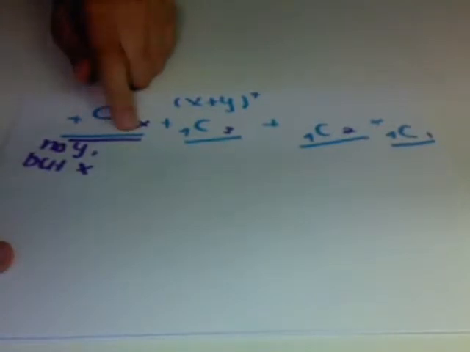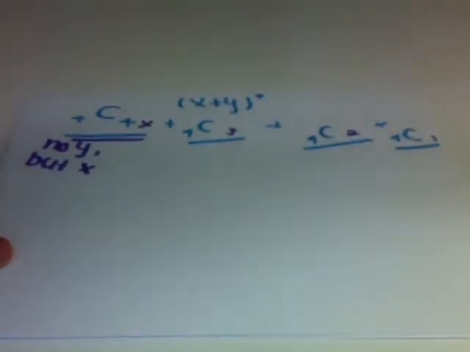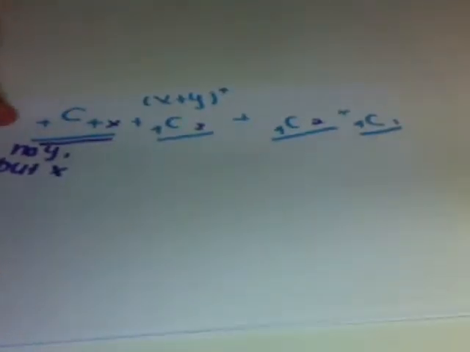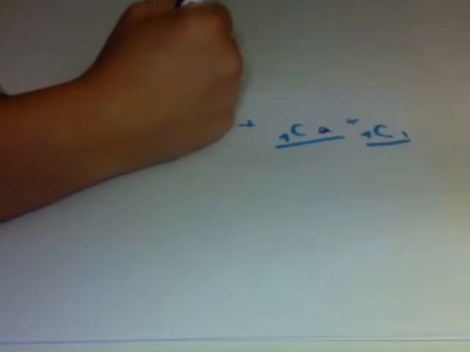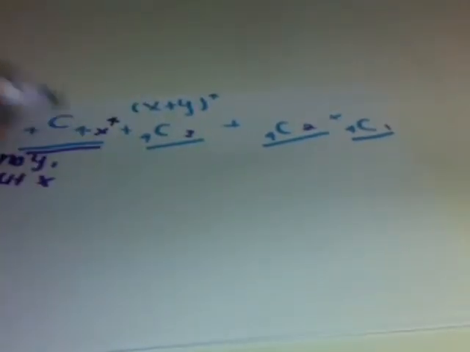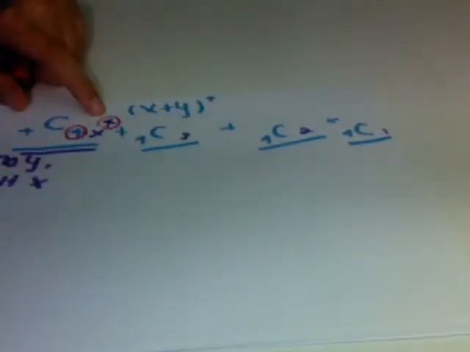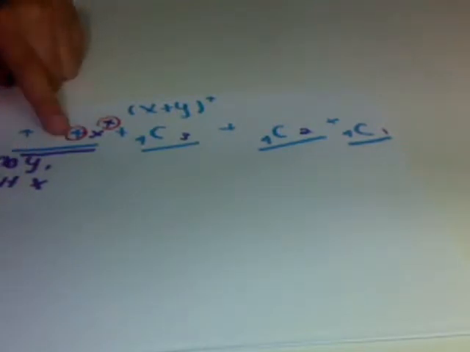So no y here, but y, y, y. And we will have x's in all of them. Our x power is going to be the same as the number right here. I'm going to use a different color to show that for you. So our exponent for our x is going to be the same as the number here.